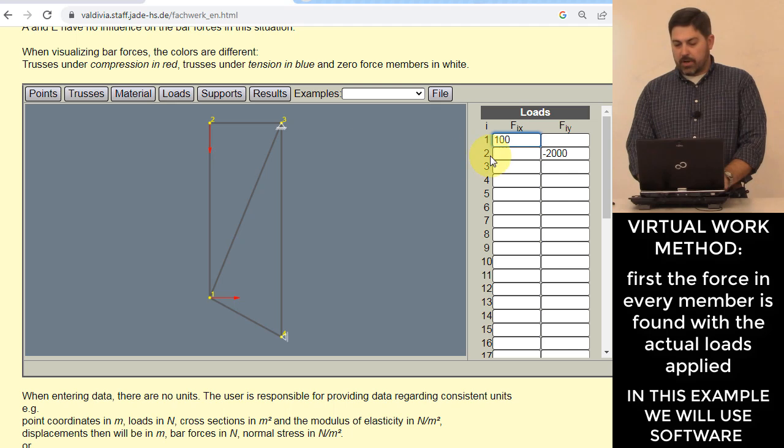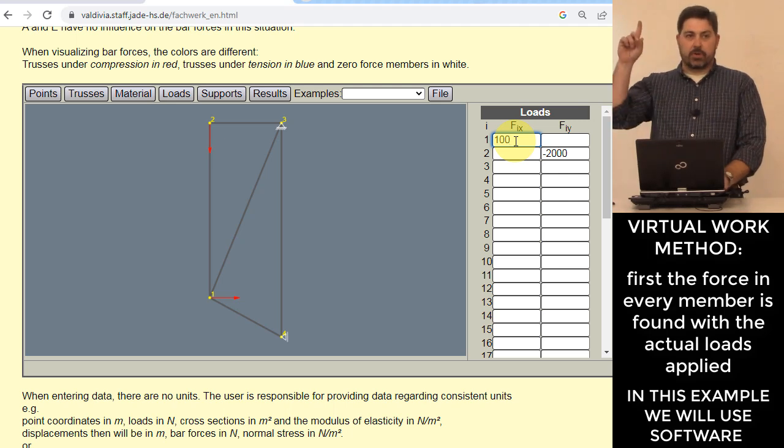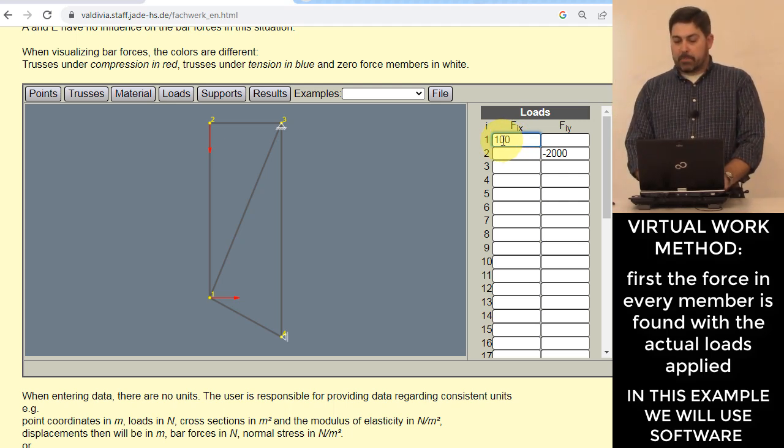Since it's downward, I put it in here as a negative 2,000. We also had a rightward load of 100 newtons. Since the presumed coordinate system that's built into this thing has rightward as positive and upward as positive, I put that in as a positive 100 so that it's going right, okay?